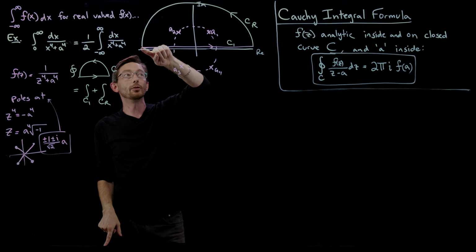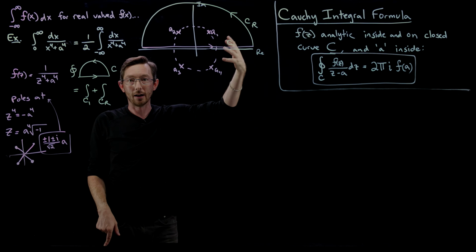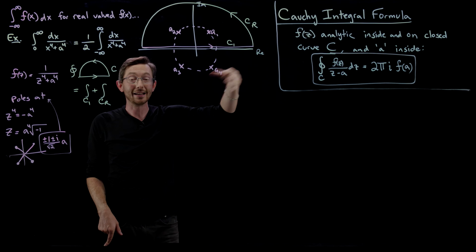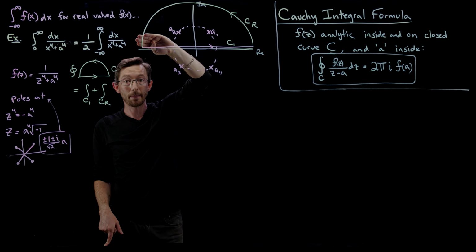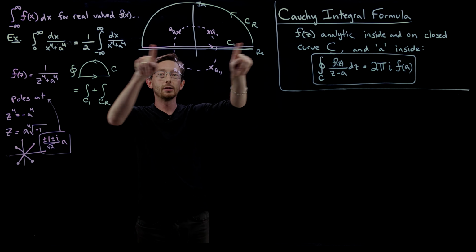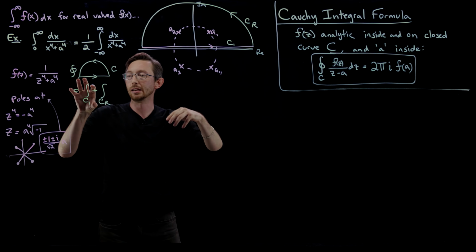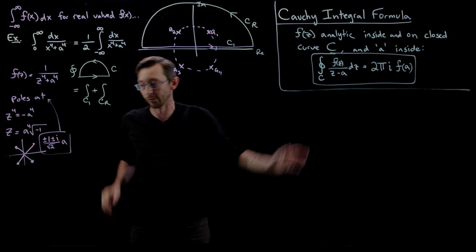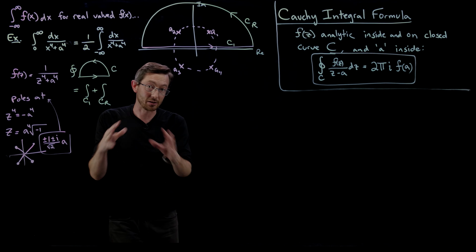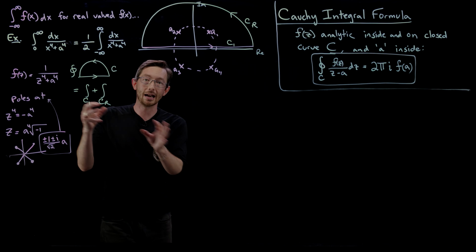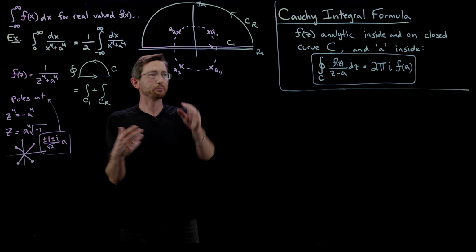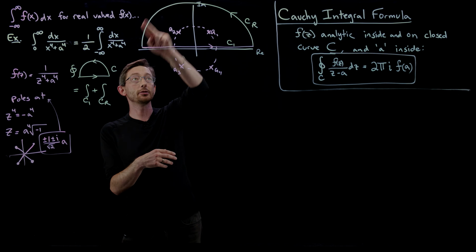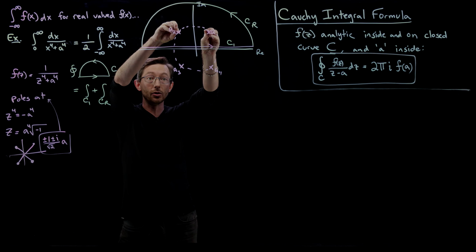And I'm going to show you later that this CR part of the integral becomes 0 in the limit as R goes to infinity. And so this real part is going to be whatever the contribution of these residues are to this Cauchy integral formula. So I'm going to start solving it, and I'm going to try to recap and tie back, but we're going to use a few theorems here. We are building a closed loop that contains 2 singularities.